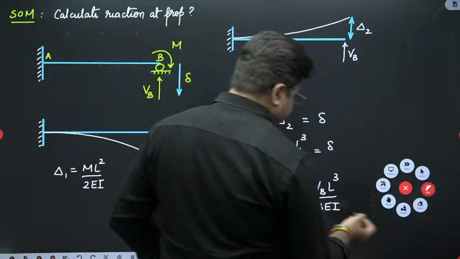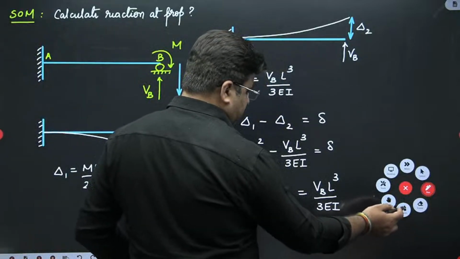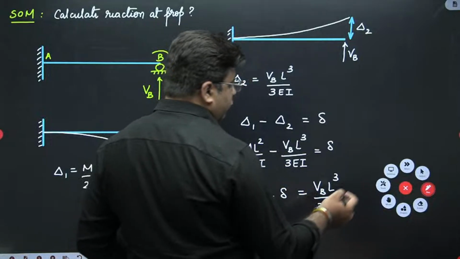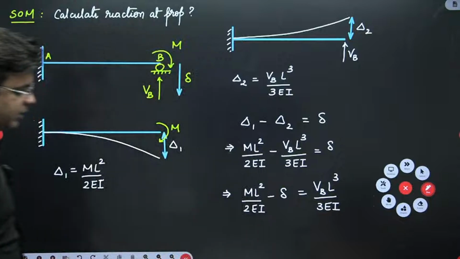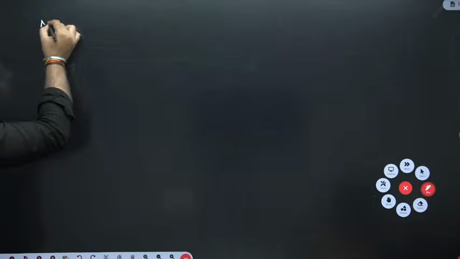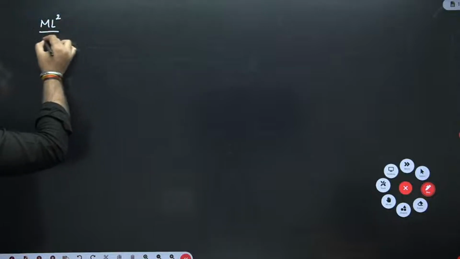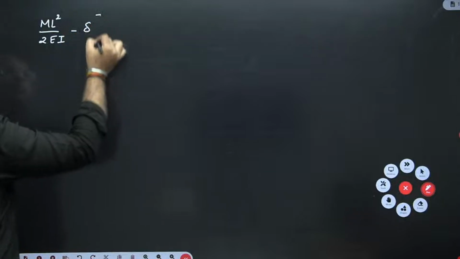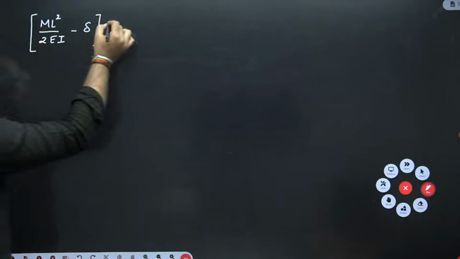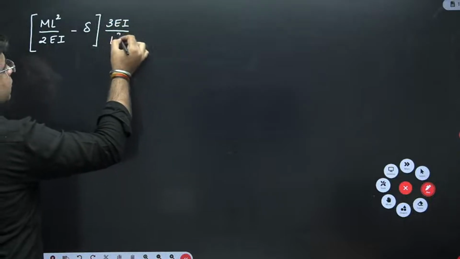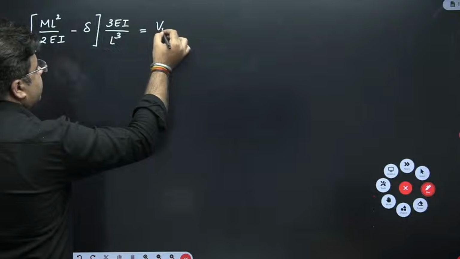You can multiply by 3 EI and L cube. So ML square upon 2 EI minus delta, into 3 EI by L cube, is equal to VB.